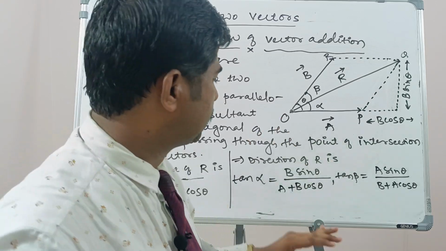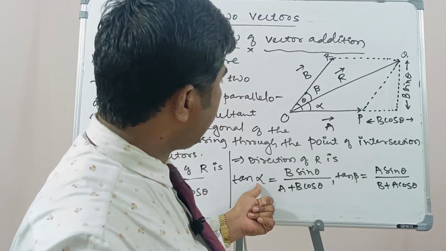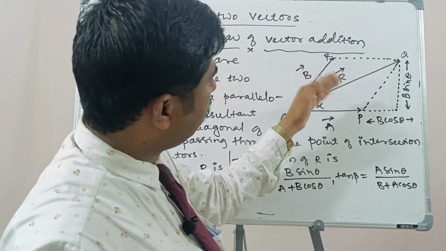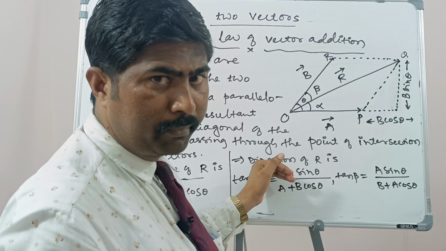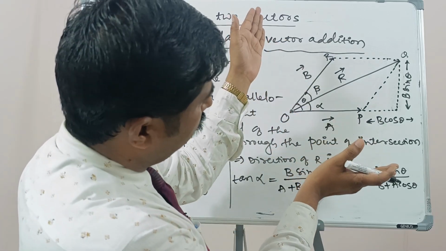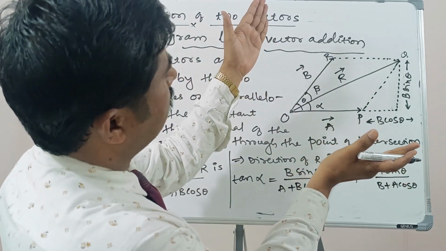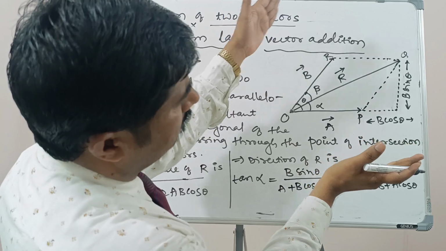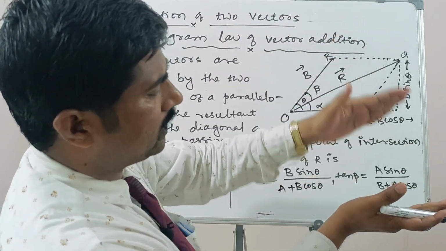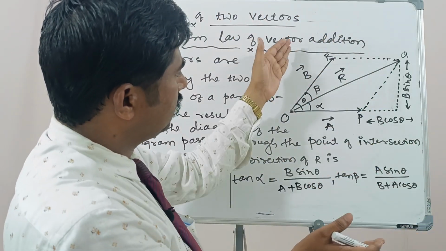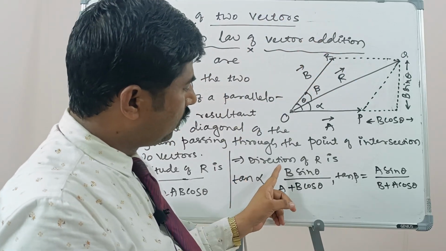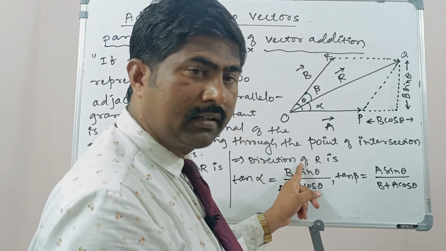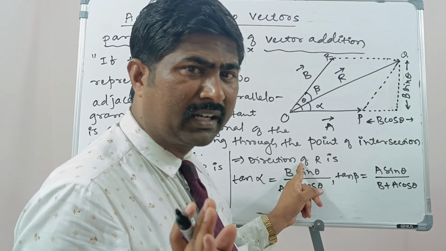Then how to remember this? When I am taking alpha, vector B will come here, vector B is falling on the resultant vector. Tan alpha is equal to, tan theta definition is sin theta by cos theta.